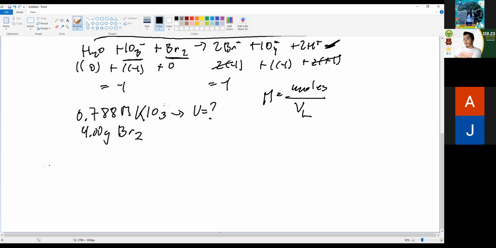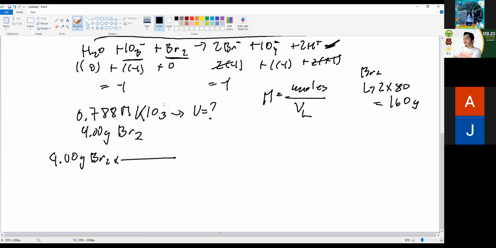So, from that, 4 grams ng bromine. Ngayon, how do we convert bromine to mole? I-divide natin siya doon sa molecular weight niya. Br2, ang bromine is 80, so 2 times 80 is equal to 160 grams per mole.